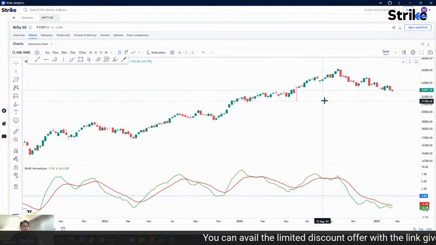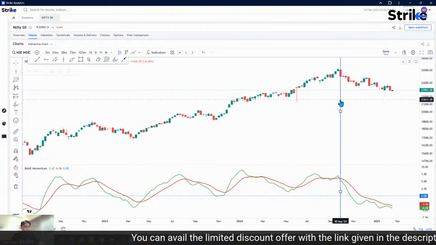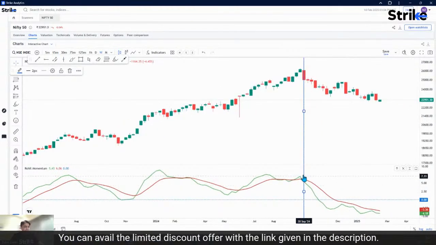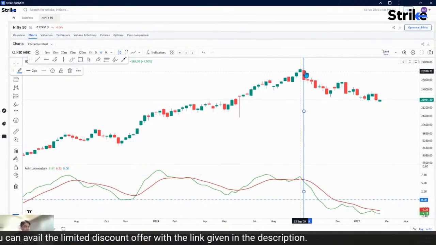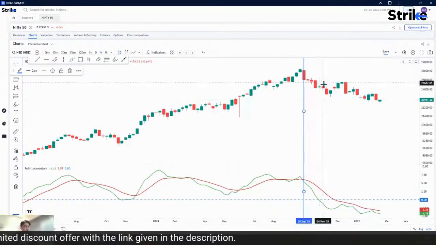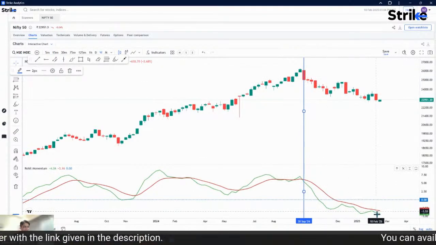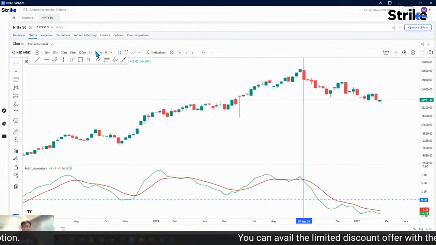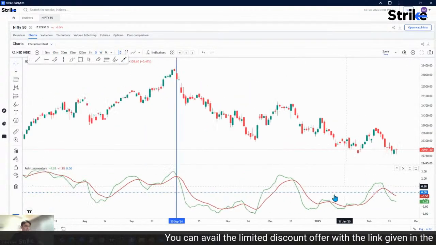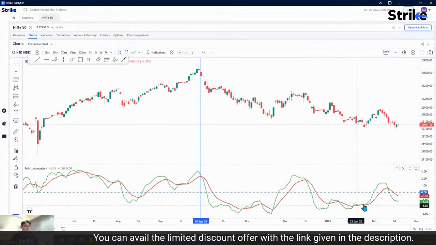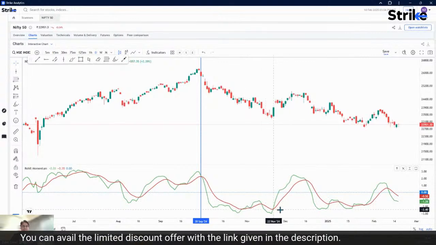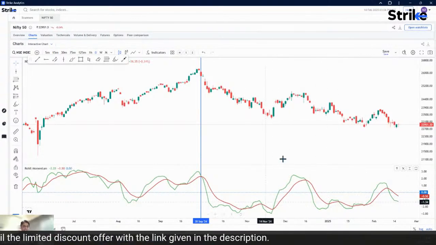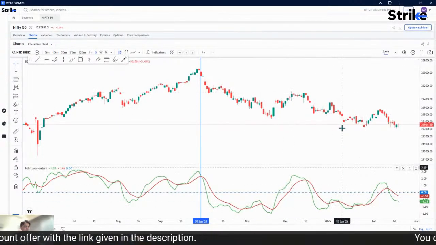So as an investor, when RMI has already given a strong new sell signal over here, until and unless RMI gives a new buy, what can be done is on the daily time frame chart you can ignore all these buy signals that got generated, which gave only a short term rally.